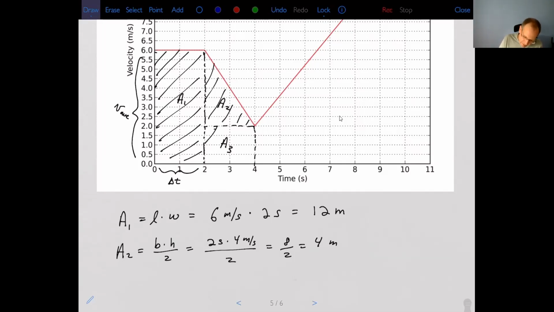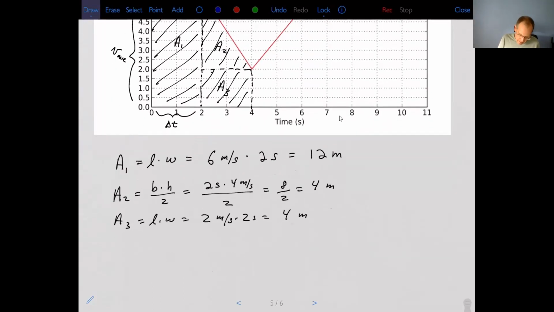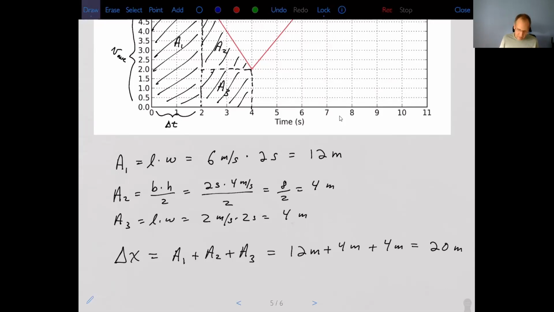And then finally, A3 is just another rectangle, length times width: 2 meters per second times 2 seconds, so that's also 4 meters. So my displacement over the first 4 seconds, graphically, is A1 plus A2 plus A3, which is 12 meters plus 4 meters plus 4 meters, so that's going to be 20 meters.